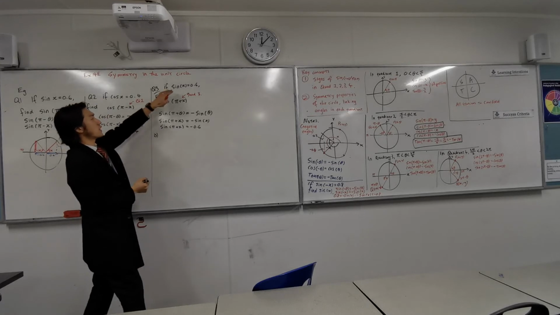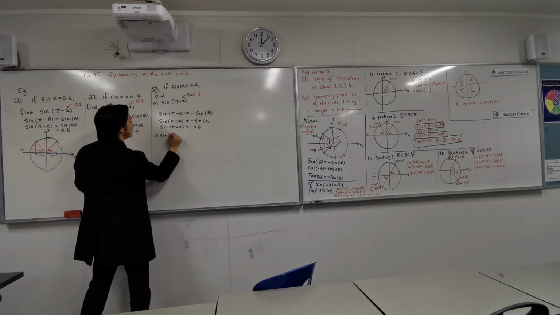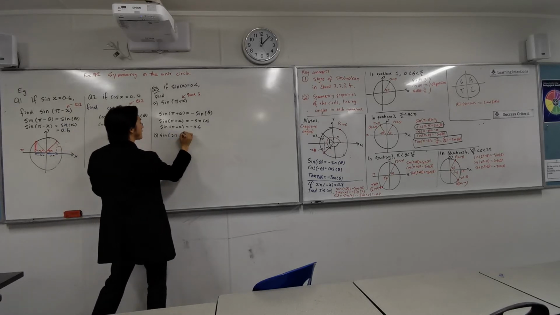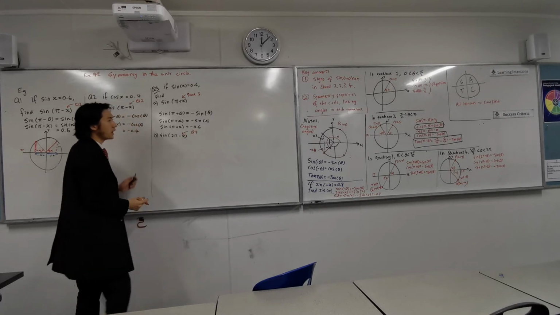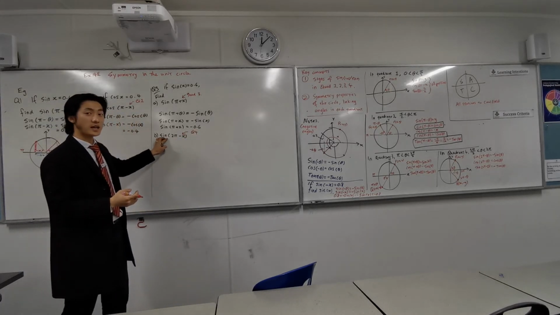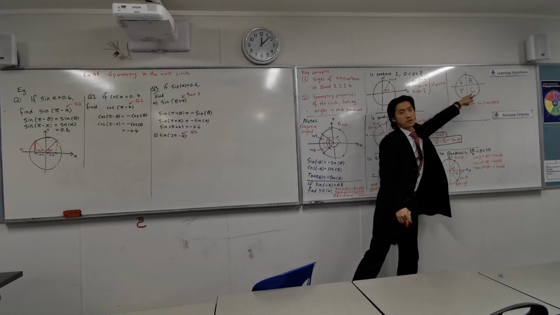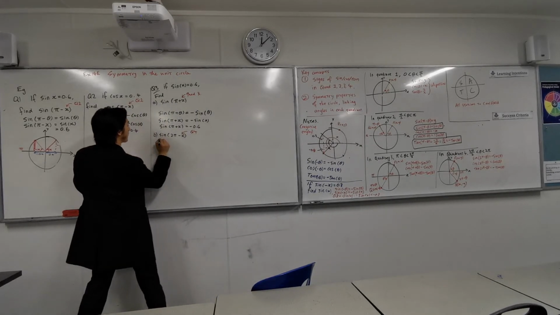Question B, if sine of x is 0.6, find sine of 2 pi minus x. Same thing, in this case I know that 2 pi minus x is in quadrant 4, and in quadrant 4 I can tell sine is negative as well. It's negative because only cosine is positive in quadrant 4. So here's what I write down.